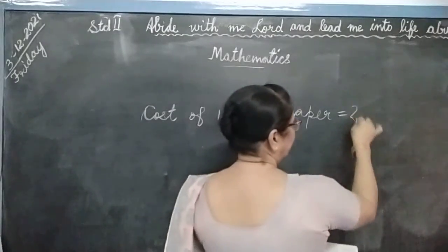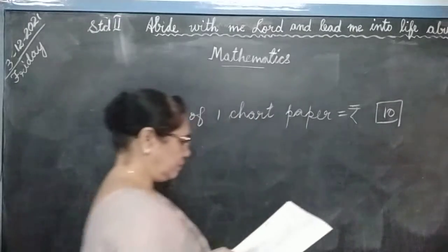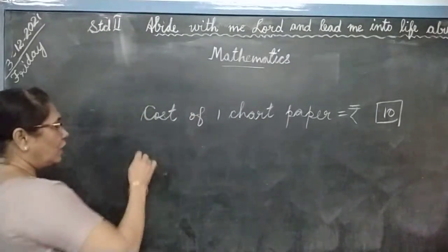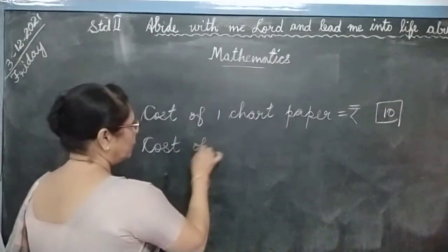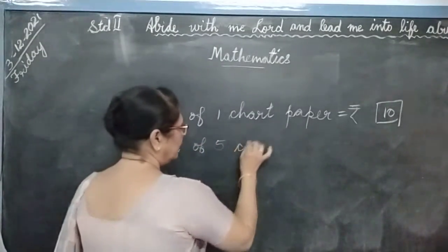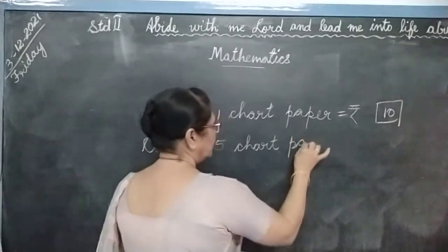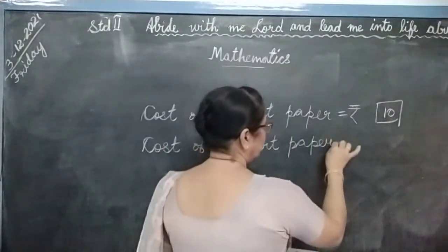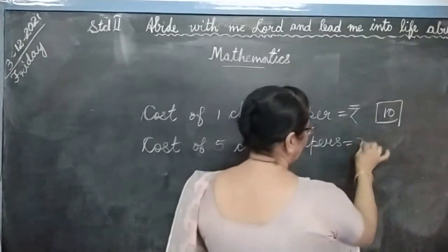Yes, write in that box 10. The cost of 5 chart papers. 10 into 5. Very good. 5 chart papers equals rupees.